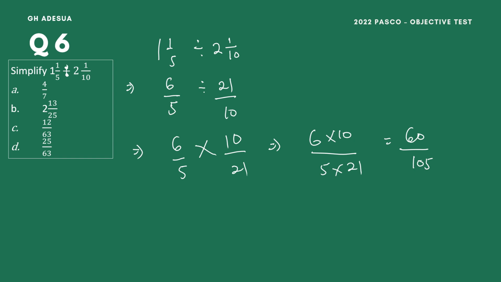The 15 would divide 60 4 times, and then 15 would also divide 105 7 times. So then our final answer is going to be 4 over 7, which is option A.